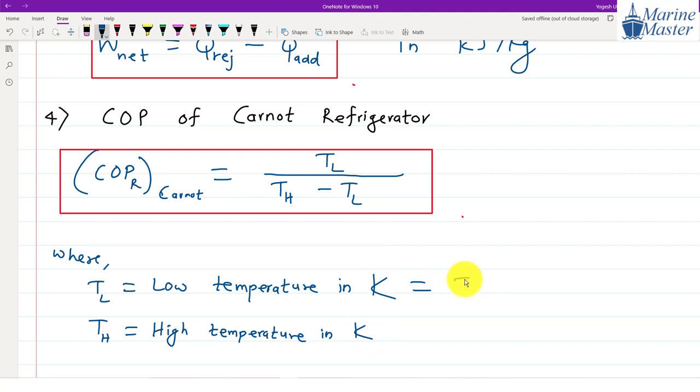This TL will be equal to the saturation temperature at P1 pressure, and TH must be equal to the saturation temperature at P2 pressure. So here, Tsat at P1 and Tsat at P2. Before going further, now write down point number 4.